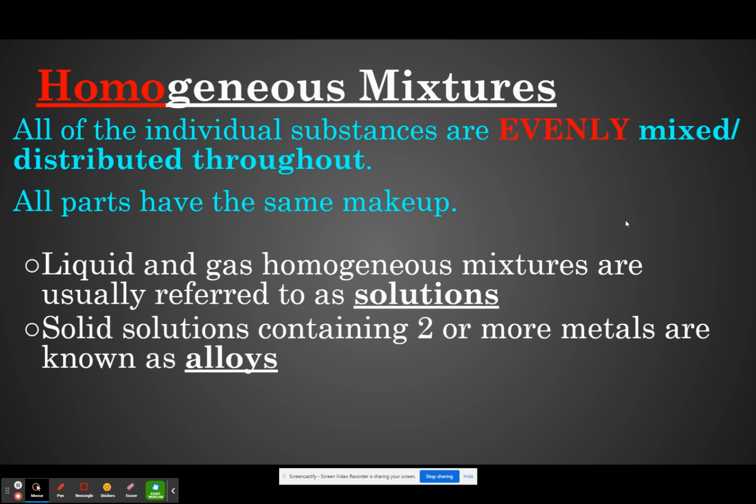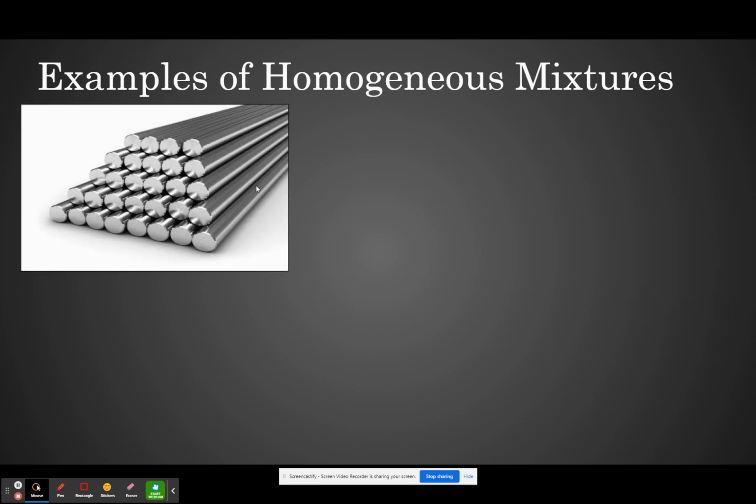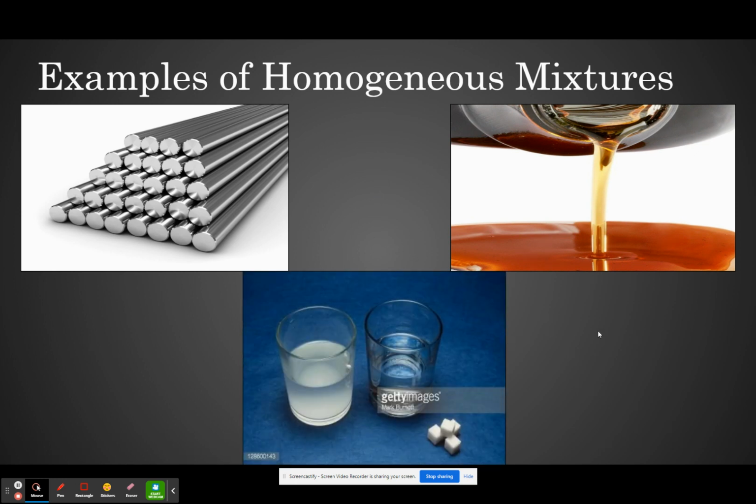Solid solutions are called alloys. So if you've ever seen someone making a sword, they're hitting it together because they want an even mixture to get the properties of both metals they're mixing. Some examples are our stainless steel rods, our honey here, which has lots of vitamins and minerals, and some sugar water.